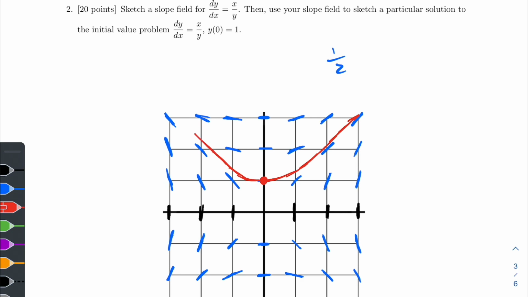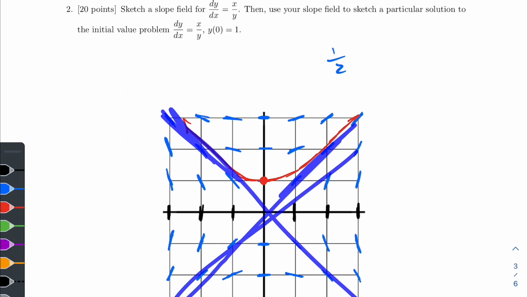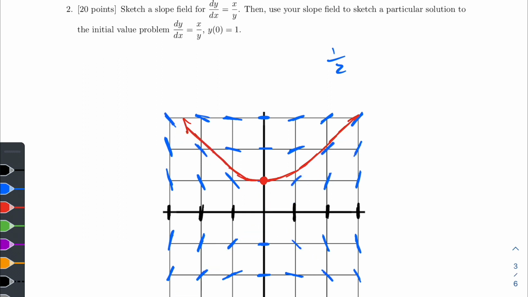So you can see that everything is flowing into this x over here. These are like asymptotes for the solution curve. If I were to start right over here, it would do something like this.